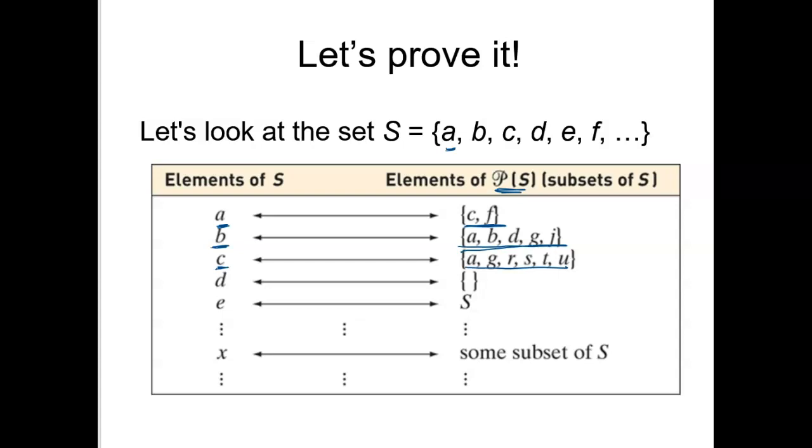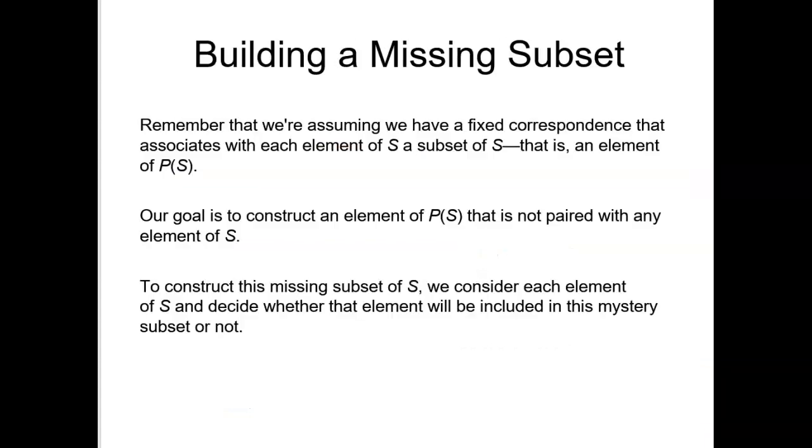Just like we did in a previous section, if we can show that all of the elements are listed, but there's a secret missing one not listed, then we can show that it's greater. And that's exactly what we're going to try to do here. So we want to prove that between any pairing there is a missing subset.